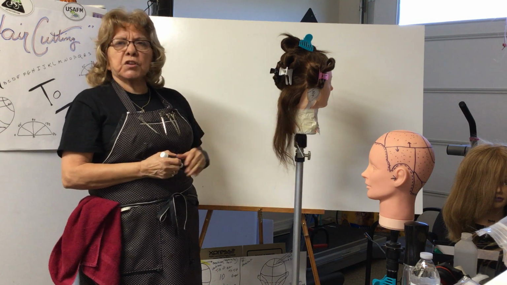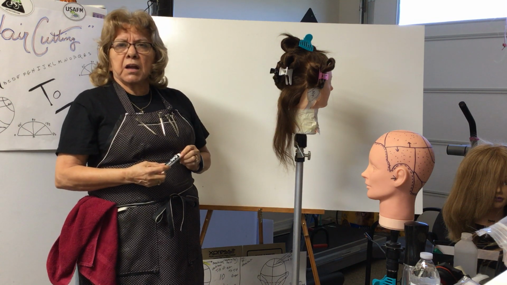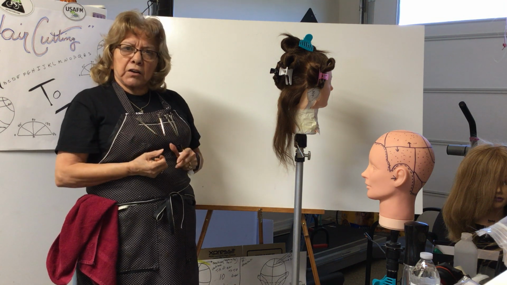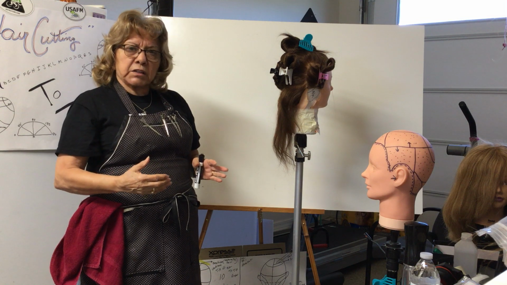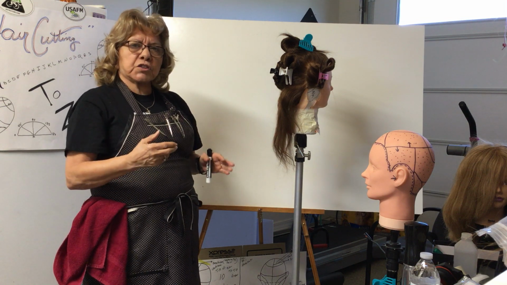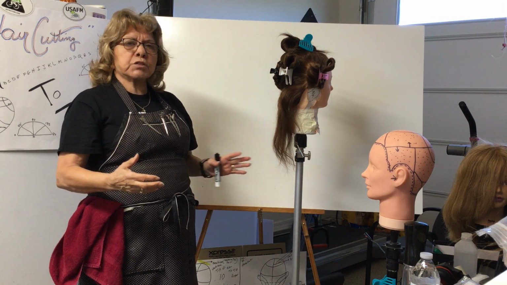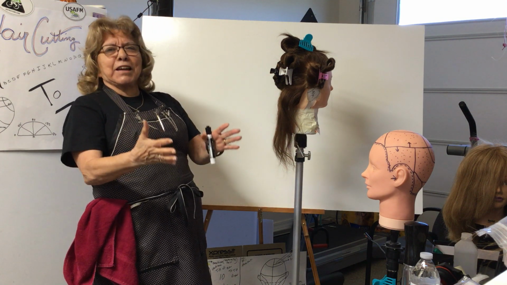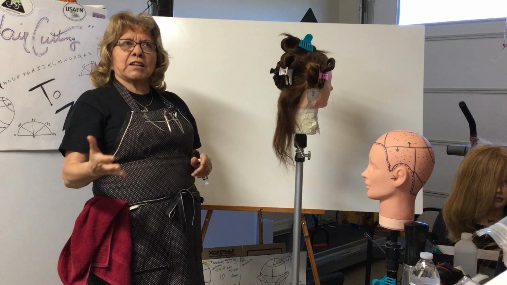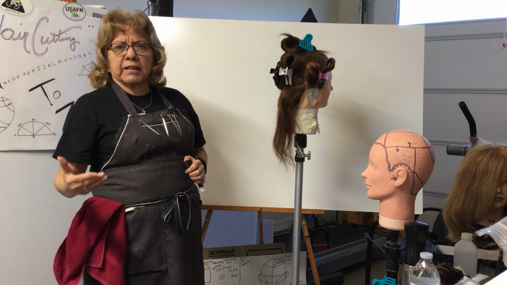You're going to travel up to the occipital, up to the parietal line. As you travel, you're going to elevate it out at a 90 degree. And if I teach this, and my student understands it and does it, who's impressed? The client. The client is looking at that student.